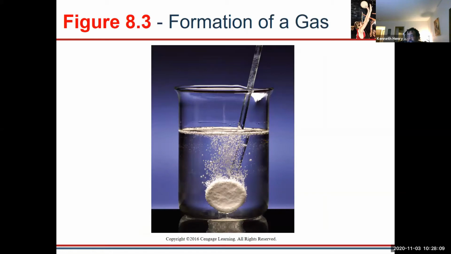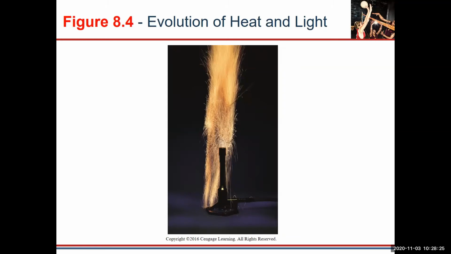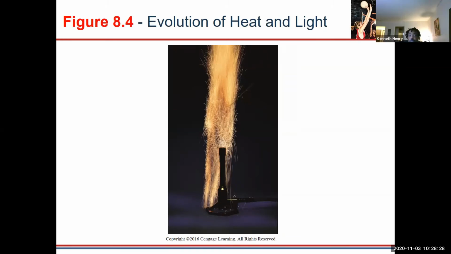Plop, plop, fizz, fizz. If we add Alka-Seltzer to water, it starts to make carbon dioxide, and we get the gas released in bubbles. You guys like fireworks? Fireworks are a perfect example.